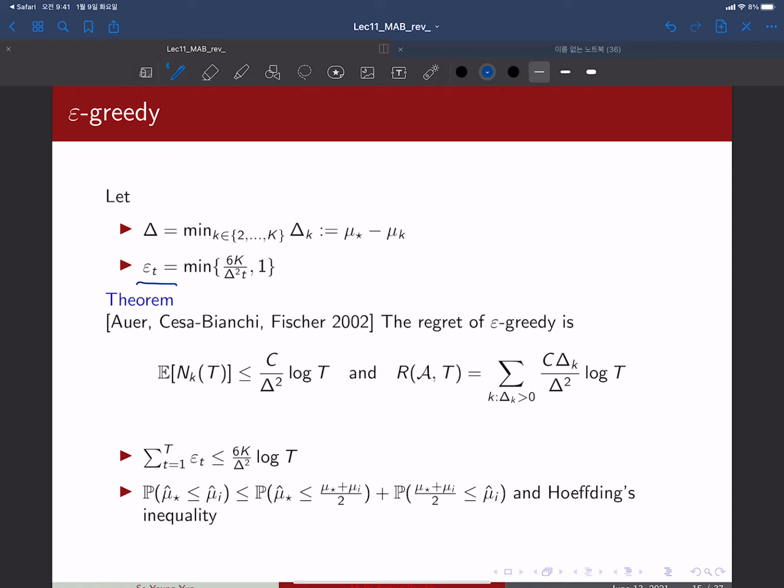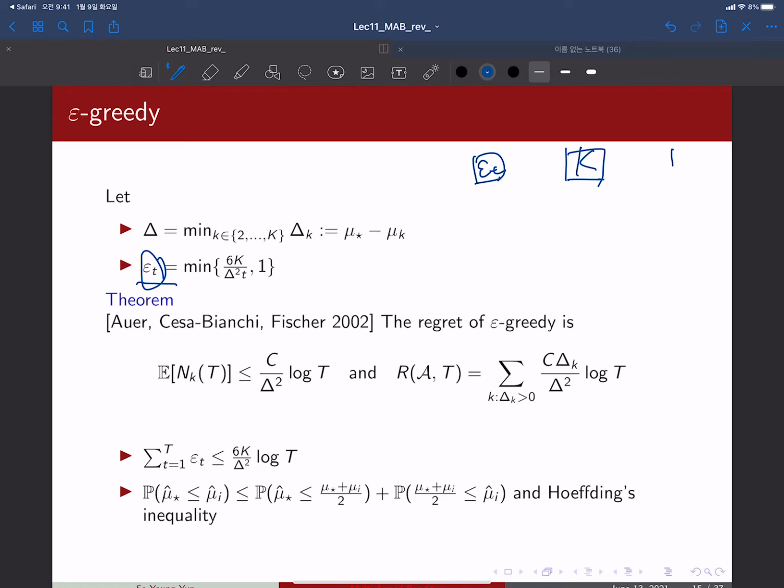Okay, then with probability epsilon t, some regret will appear because with epsilon t probability we do not play the best arm, we play a suboptimal arm with very high probability. When there are K arms during this epsilon t selection, we uniformly randomly select one arm among capital K arms.